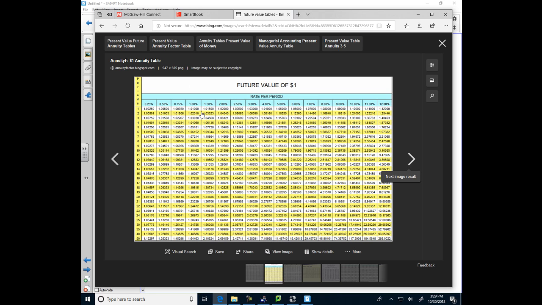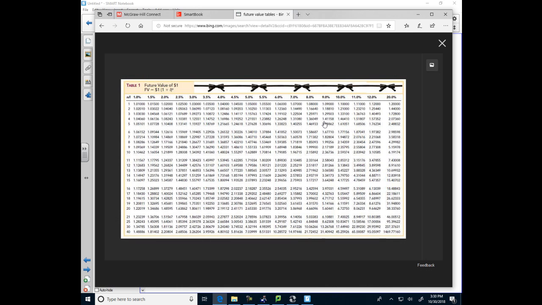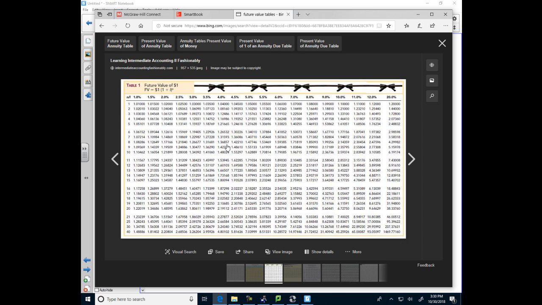This one's got half percentages up to 3. It's got quarters up to 1, and then halves to 3. Okay, but this is a pretty good one right here. I just did a search on future value tables. So I'm pretty sure if you have the internet, you can find something that'll provide you the answer if you're doing homework.